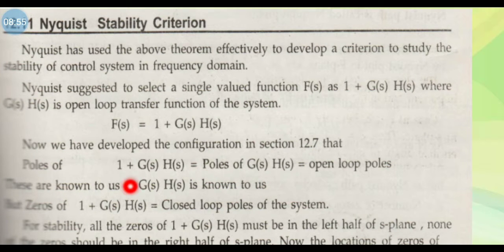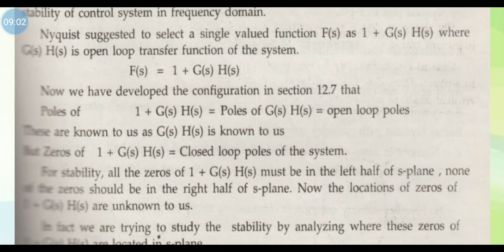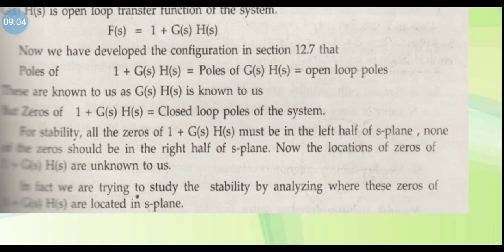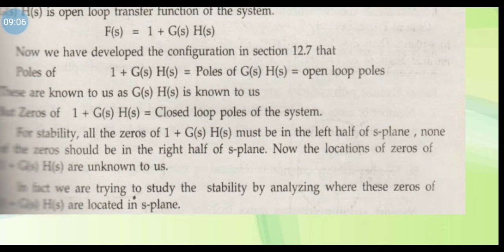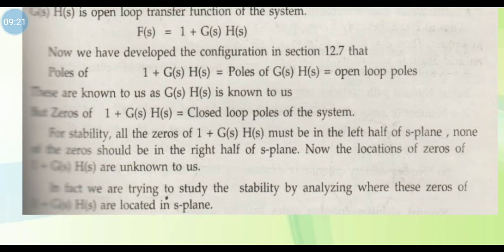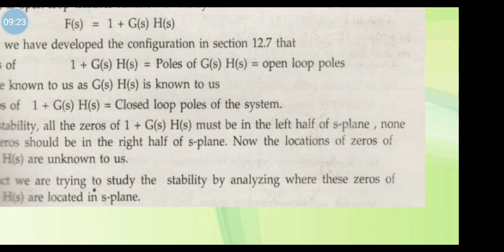For stability, all the zeros of 1 plus g of s h of s must be in the left half of the s plane. None of the zeros should be in the right half of the s plane.